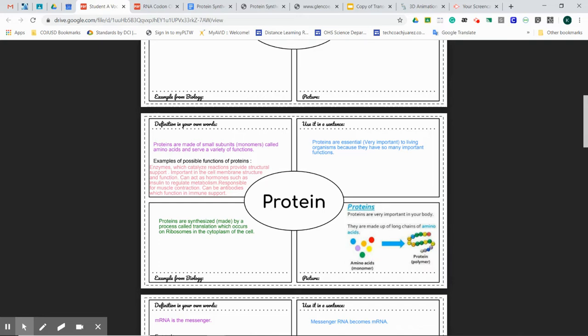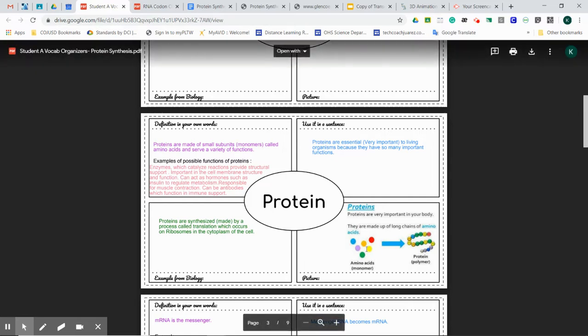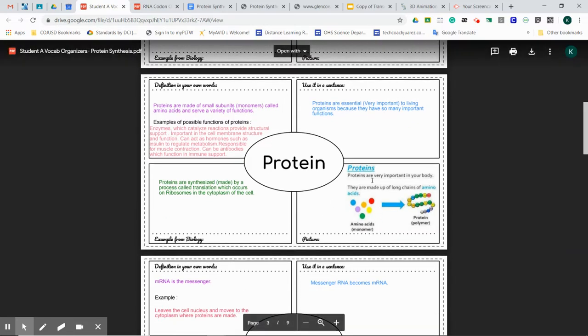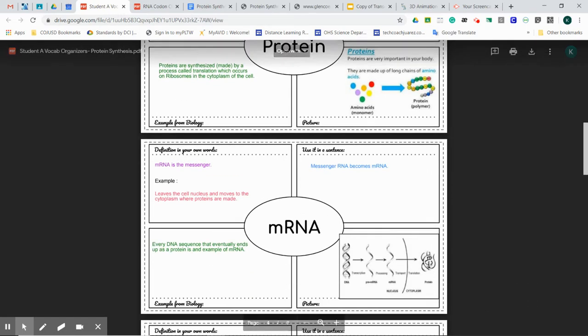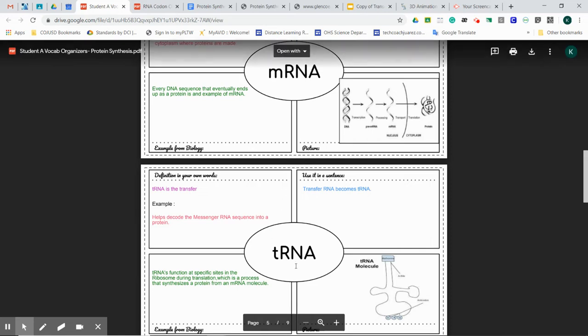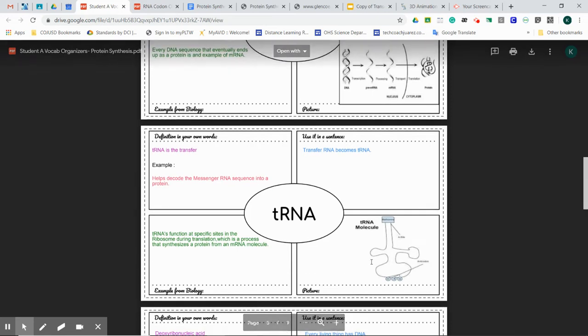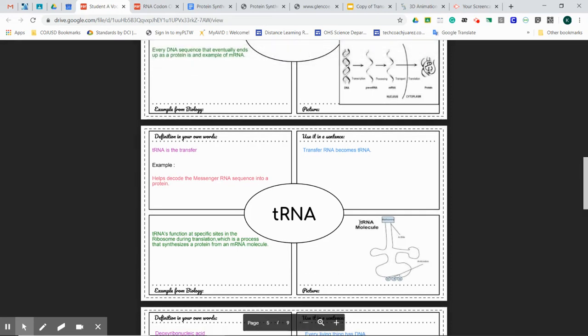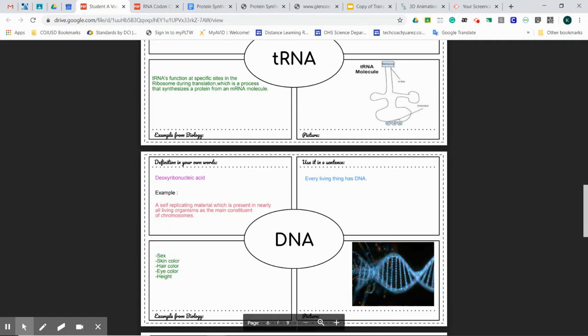I had you look for a picture that would fit with the term and add it into this lower spot here on the bottom. So we have mRNA, we have tRNA, and the visual is a really good option because we can actually see the structure of the molecule and how it's different from the other molecules.